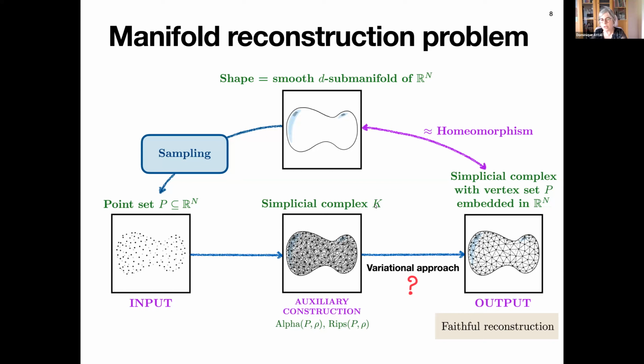You can take, for instance, to build K, the Delaunay complex, and then add some additional simplices in K, assuming they are rho small, not too big. So you may create some extra topology there, but the result will still be homeomorphic.